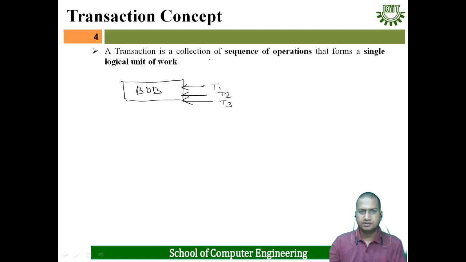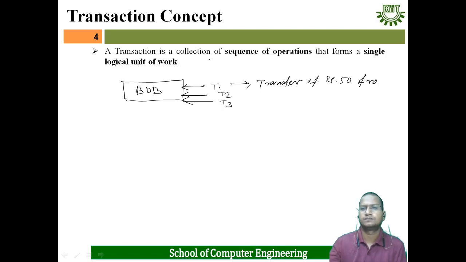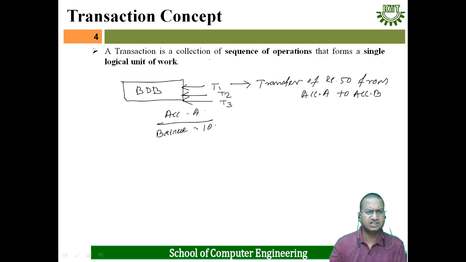Suppose the T1 transaction is the transfer of rupees 50 from account A to account B. Suppose this is your account A, and the initial balance of account A is 100 rupees, and for account B the initial balance is 200 rupees.